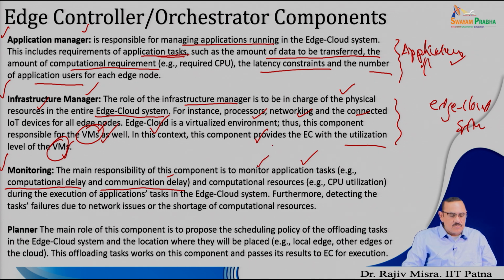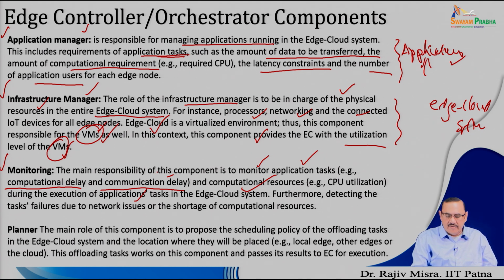So, it is the responsibility of the monitoring to track how the application tasks are using the computational delay and the communication delay at any point of time, and the computational resources, that is the CPU utilization during the execution of the application task in the edge cloud system.